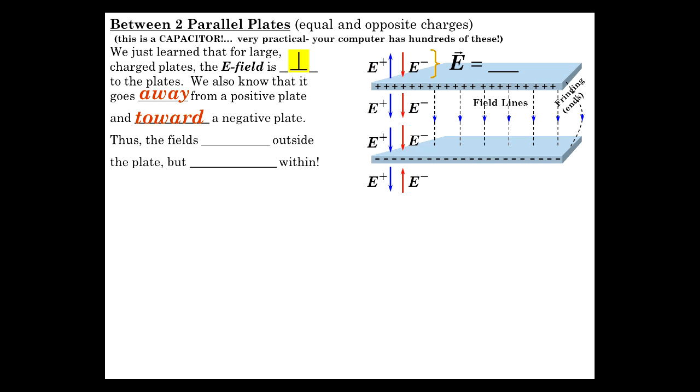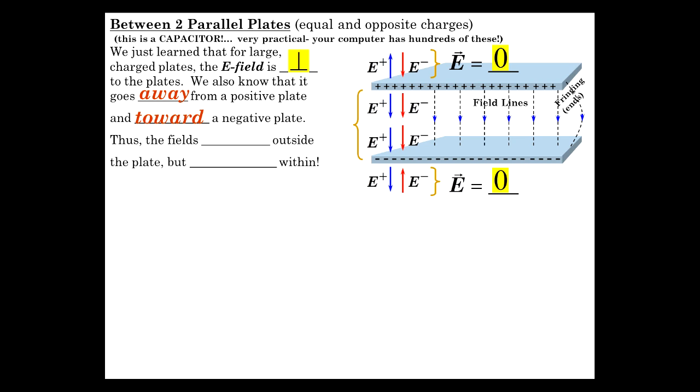And since it's a vector and we add them up outside of the plate, guess what we get? Did you guess? You guessed right: 0. And on the other side, again, the E field is 0. So that's really useful. Outside of the plate, outside of the capacitor, there's no E field. Now inside, we see constructive E field lines.